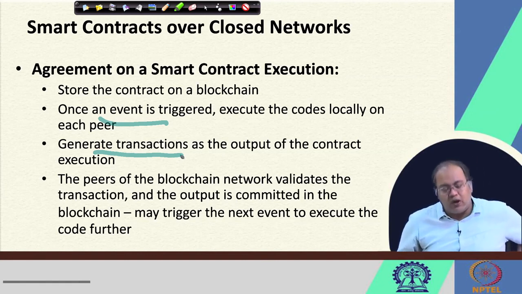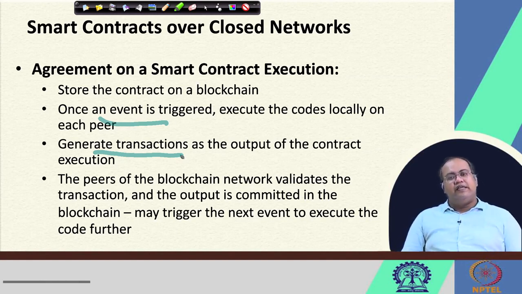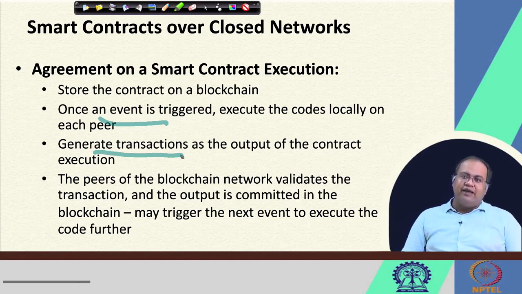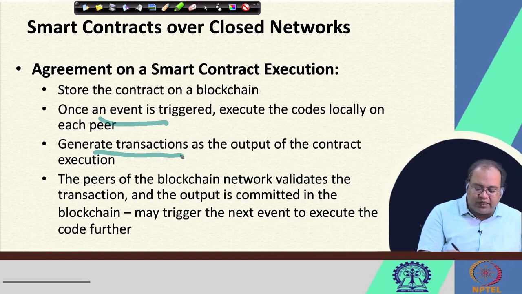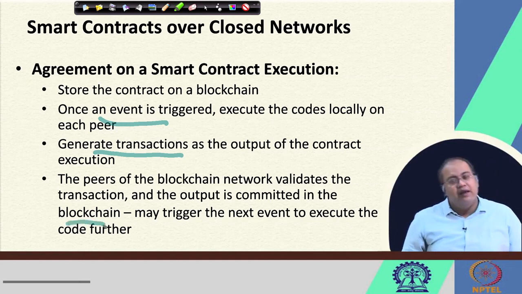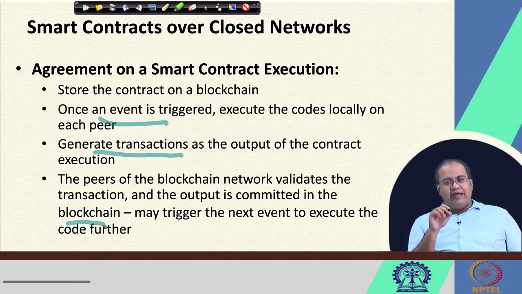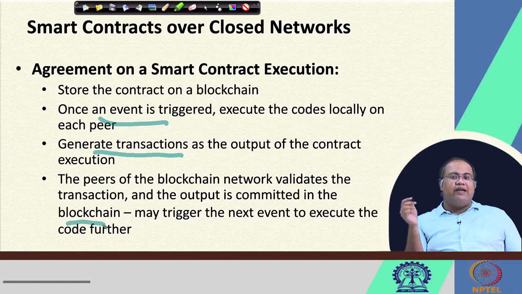Now, the peers of the blockchain network can validate this transaction and find out whether it is a valid transaction or not, and if it is valid, then the output can be committed in the blockchain. That means whatever decision has been made, that you are transferring this much of potatoes from seller A to buyer B, and against that maybe the buyer needs to trigger the transfer of money from its bank account to the seller's bank account.